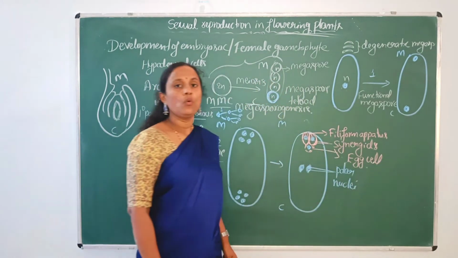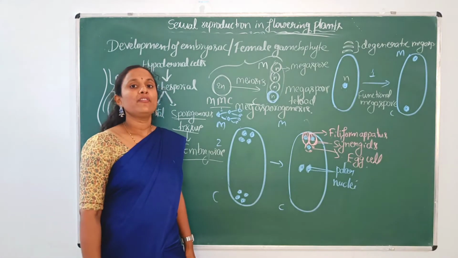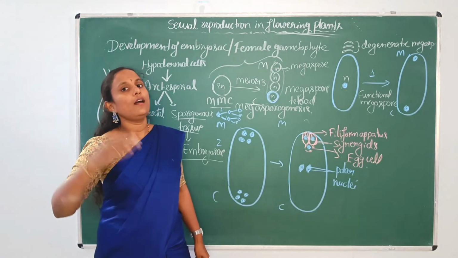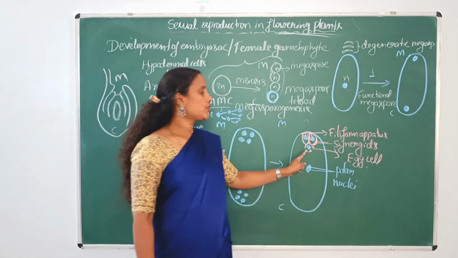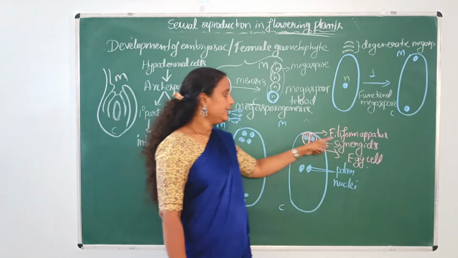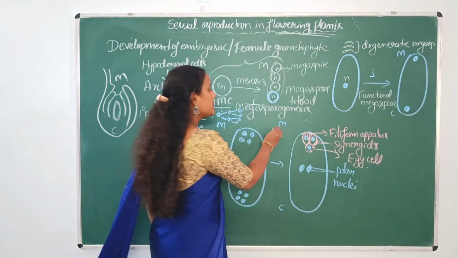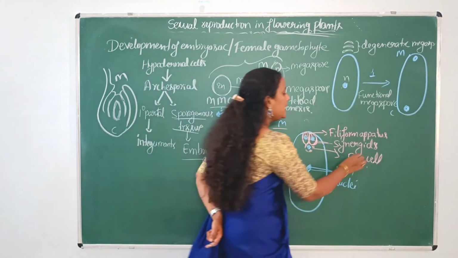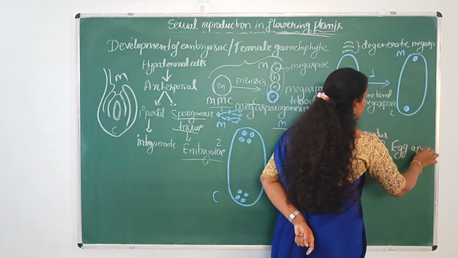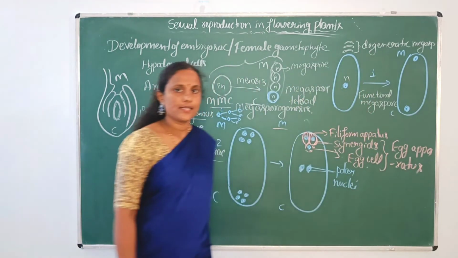Initially it won't have its own cell wall, it shares the cell wall with the synergids, but later during and after fertilization it will develop its own cell wall. Till then it will share the cell wall of synergids. And this structure, that is two synergids and one egg cell present towards the micropylar end, is referred as egg apparatus.